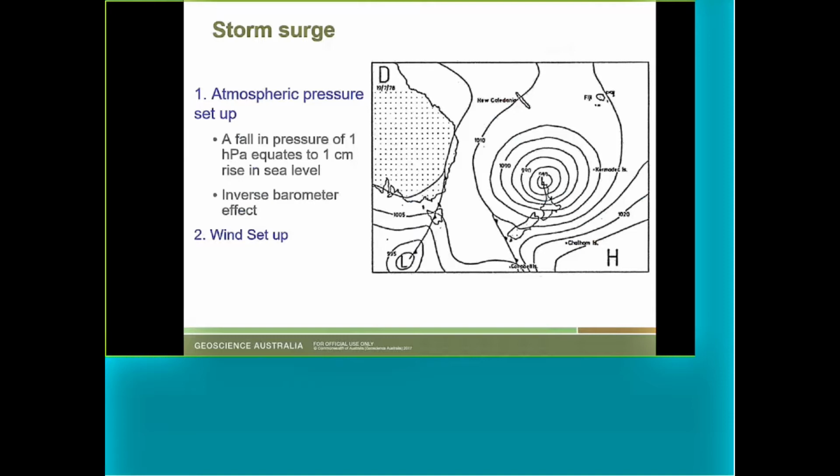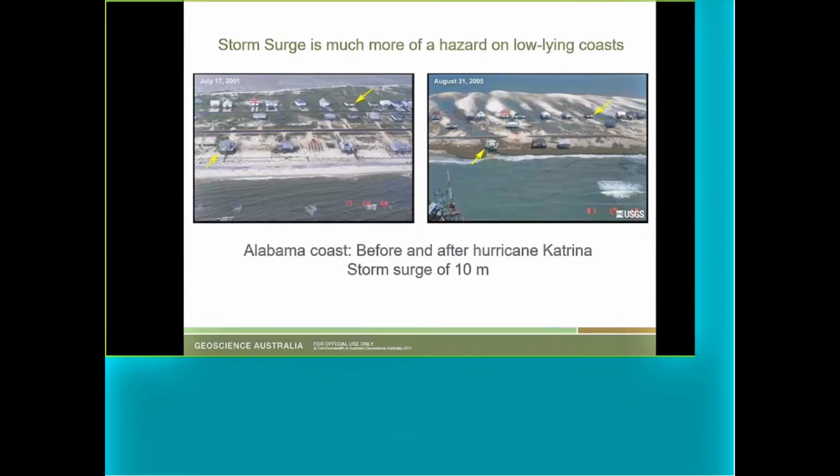In simple terms, we're talking about strong onshore winds driving the sea surface higher and further landward. And of course, on top of that, we have large waves. And the outcome of that, of course, is sediment removal from the upper beach and erosion, with the consequences for property quite clear. Now, it's important to think of storm surge as having varying impacts depending on our coastal elevation.